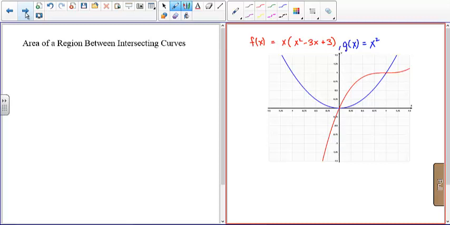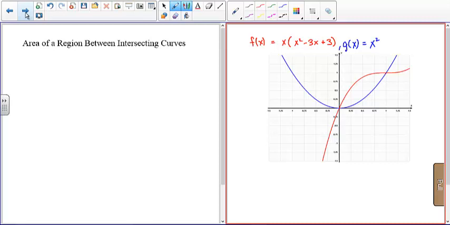So if somebody told me to find the area between the curve f of x equals x times x squared minus 3x plus 3 and the curve g of x equals x squared, and they didn't give me any limits, I'd say, I need to find out where they intersect. If you plotted it, you could do it graphically, but ultimately you have to do it analytically.